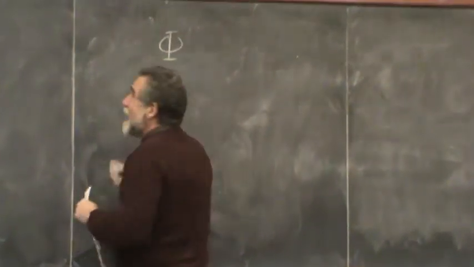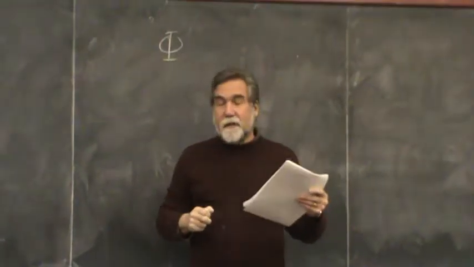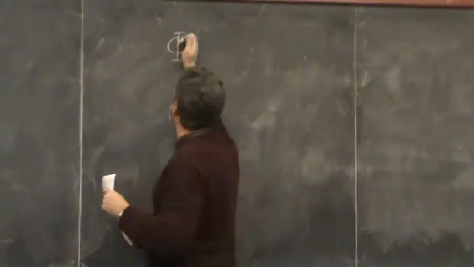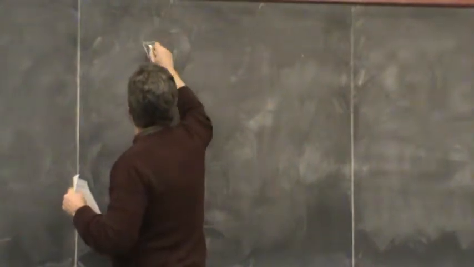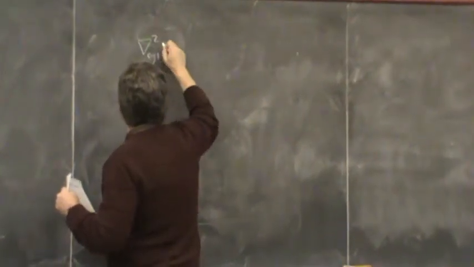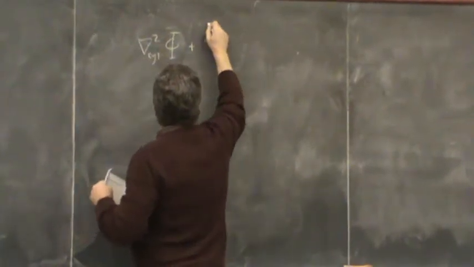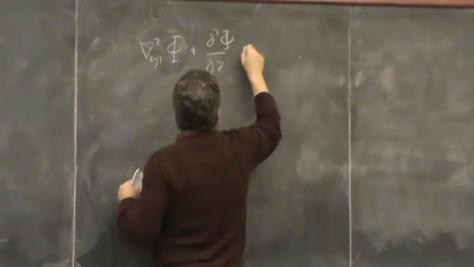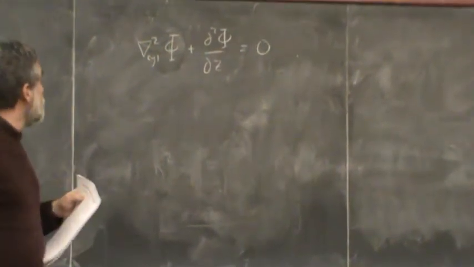So you assume I actually wrote the correct Laplacian, and I showed it to you. Okay, the Laplacian is the Laplacian for cylindrical coordinates, plus d squared by dz squared is equal to 0.